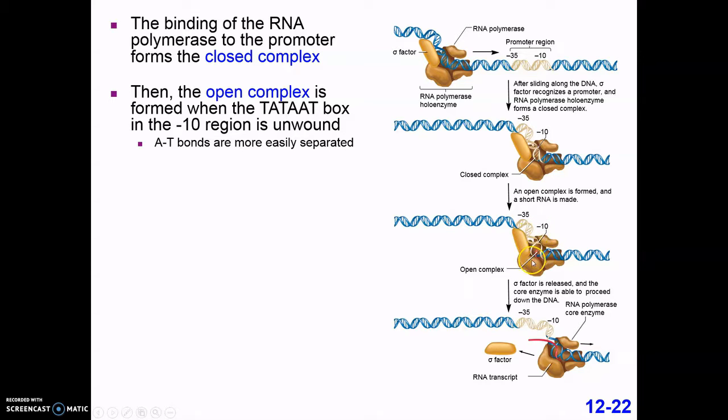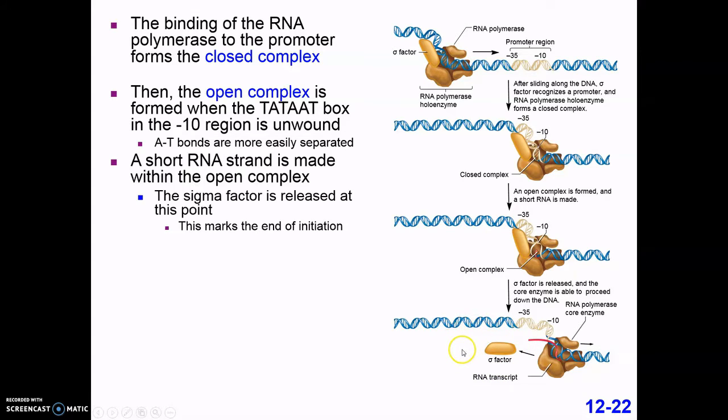Once you have an opening, then RNA nucleotides can start coming in, base pairing, and the catalytic mechanism can kick in, and you will start transcribing. At this point, the sigma factor falls off, and it will allow the holoenzyme, or the rest of the core polymerase, to travel on without that sigma factor.